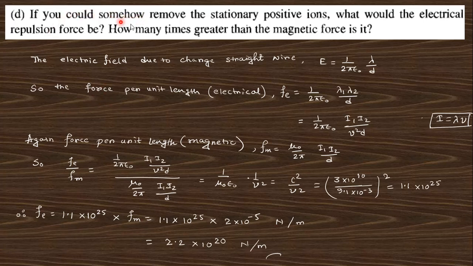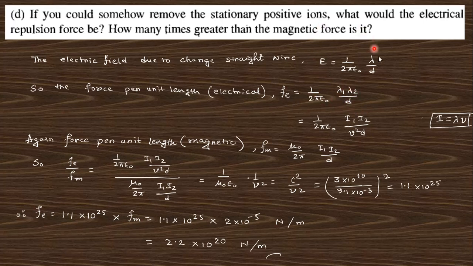If you could somehow remove the stationary positive ions, what would the electrical repulsion force be? So if you have only the negative charge, then the electric field will be like that. Due to the electric field, the electrical force per unit length will be this, and that is why there is lambda.